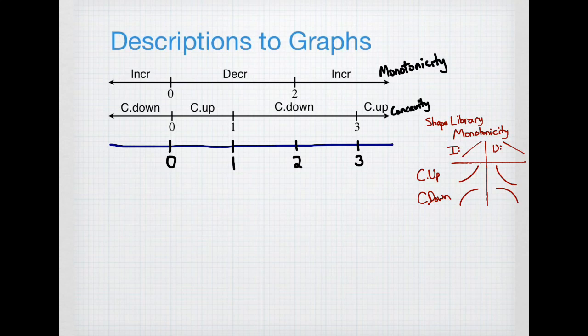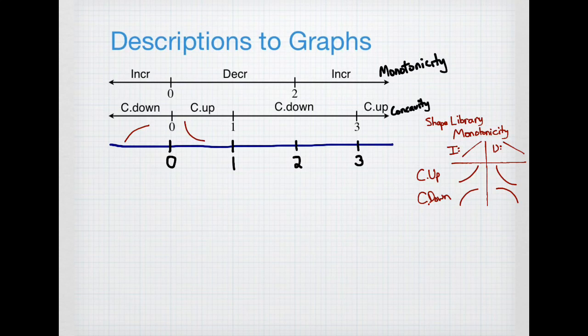And if I go look at those number lines, I can determine which of those four shapes to use on each of the intervals. On my first interval, I need to be increasing and concave down, which means I need a shape that's increasing and concave down. On my next interval, I'll be decreasing and concave up. So the shape there is a decreasing concave up shape.